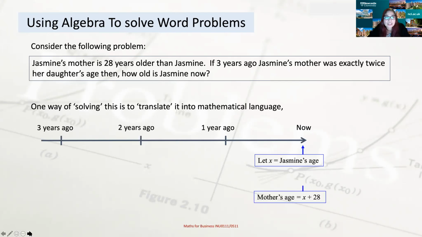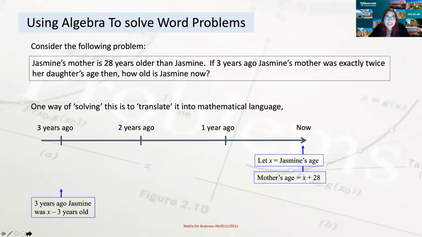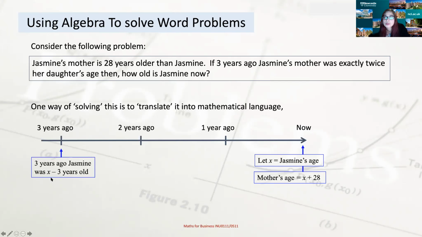So mother's age is, she is 28 years older than Jasmine. That's right. So if Jasmine is x years old, her mother is x plus 28. Now, 3 years ago, Jasmine was x minus 3. She was x minus 3 years old.